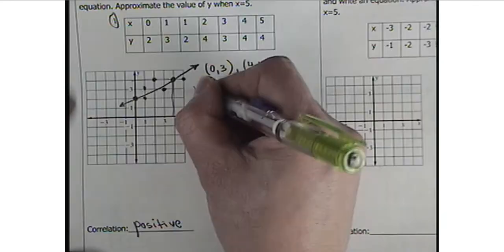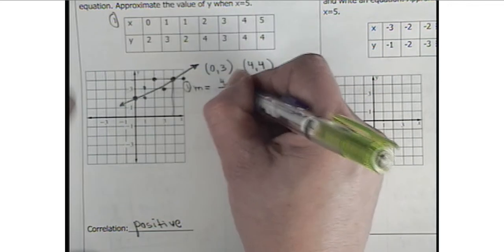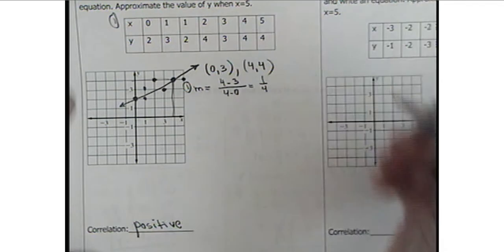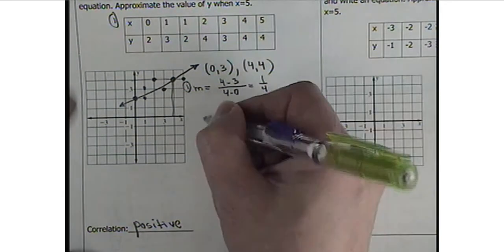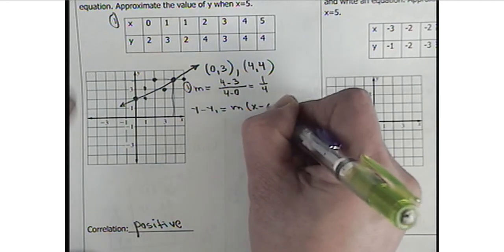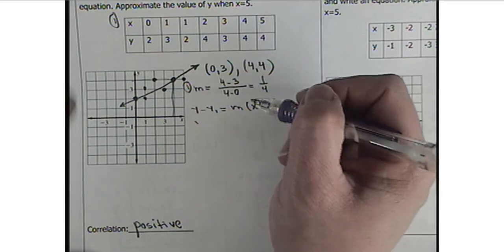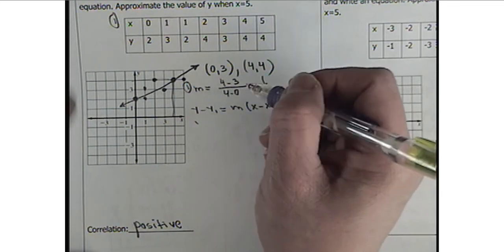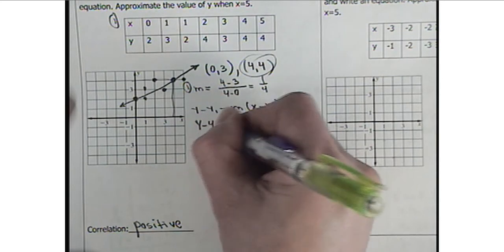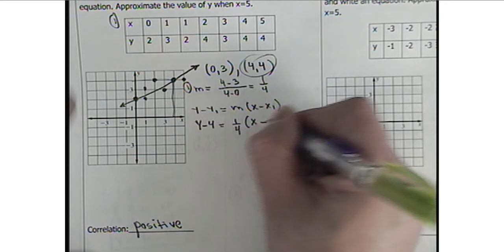So knowing the coordinates, step 1, we'll calculate the slope. It will be 4 minus 3 over 4 minus 0, which is 1 over 4. So the slope is 1 over 4. Then the y minus y1 equals m times x minus x1 form, and we're going to substitute. I will work with this point. So y minus 4 is equal to, the slope is 1/4, x minus 4.